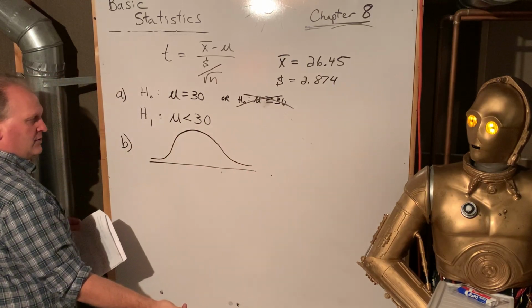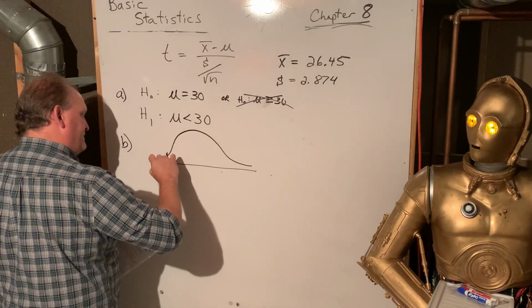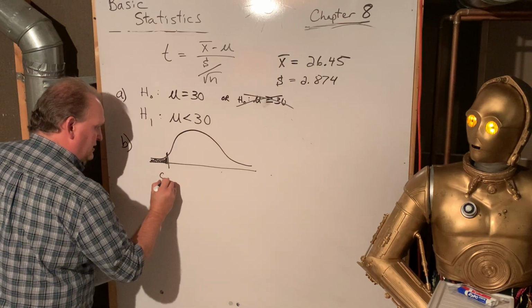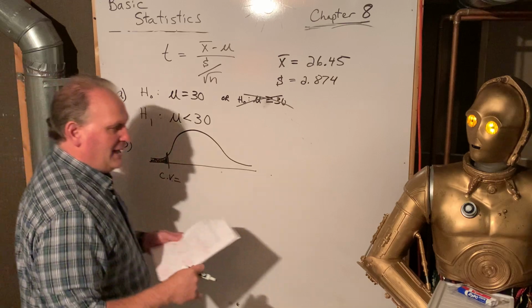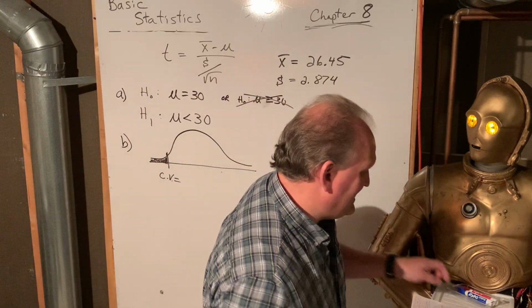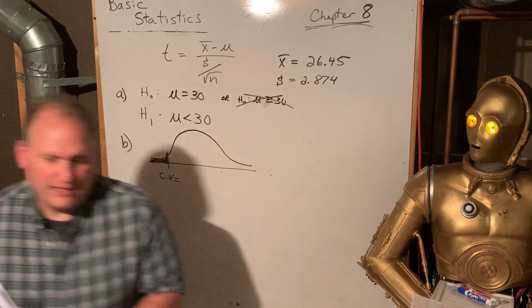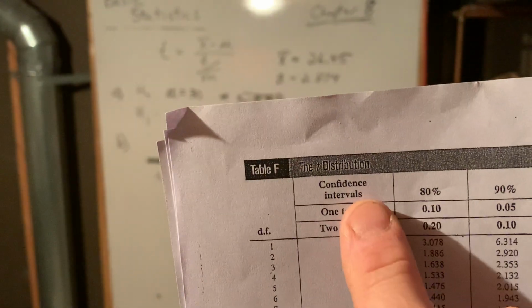So there's your standard normal curve. It's a one-tailed test, so it's just on the bottom. And so we look up our critical value, but we're going to look it up on the chart as a t, not a z. So here we go with the chart.